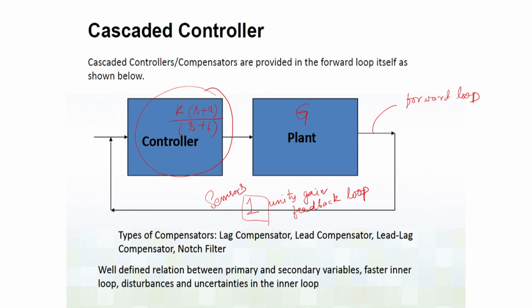Now, there are different types of compensators that you can design for such a system: the lag compensator, which I talked about earlier, the lead compensator, which we will be talking about today, and using both of them together, which is called a lead-lag compensator. There is also something special called a notch filter. Let us see what the lag compensation design will be.